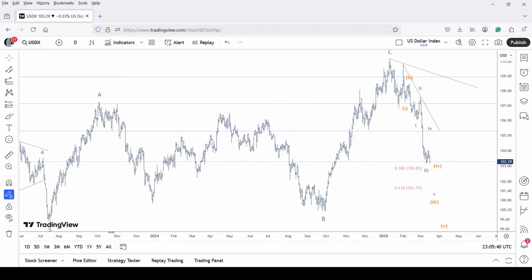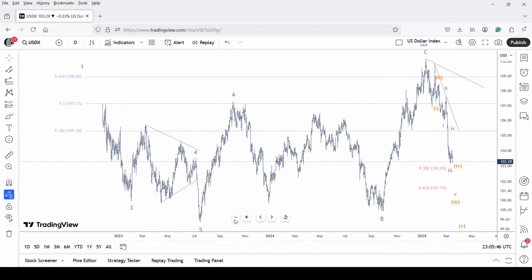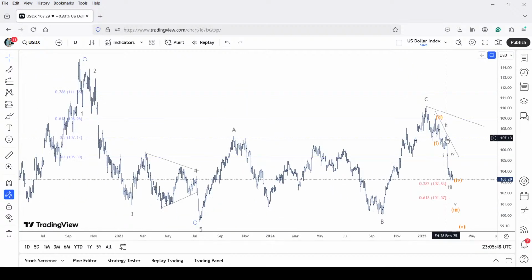It remains to be seen. But one thing is very clear: we are moving within 5 waves lower against 110.10. I repeat, we are moving lower within the 5 waves of minor degree from the 110.10 high. All right.